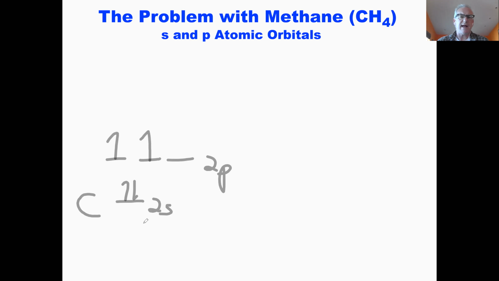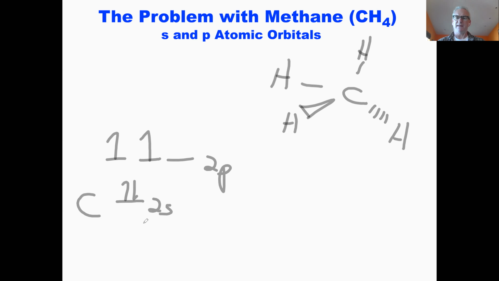But if you make a Lewis model of methane, it looks like this. We have 1 bond going back, 1 coming out. The Lewis model gives you a tetrahedral shape, and all these bond angles are 109.5 degrees.